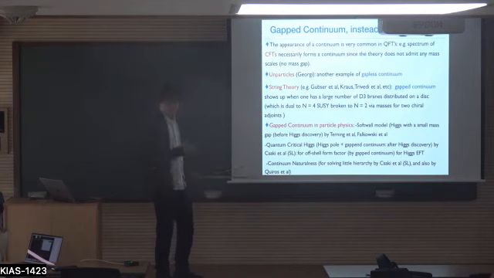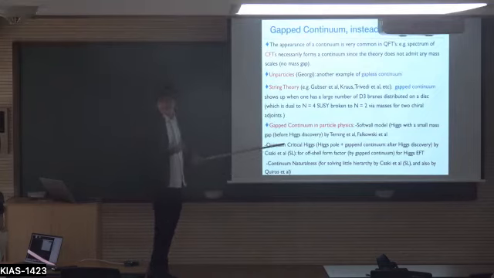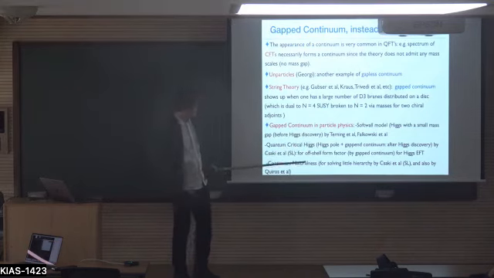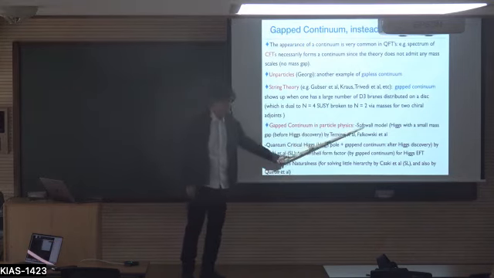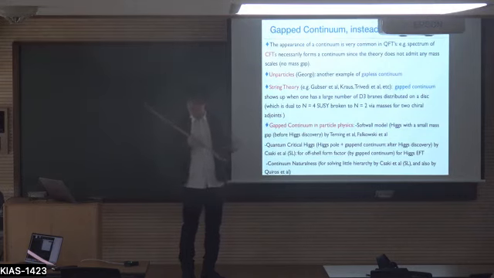Because for our phenomenological model, in the end, we are dealing with effective theory, right? You cannot talk about quantum gravity and so on. So this is the motivation. And also in particle physics, I'm not the first one doing this gapped continuum. There is something called the soft wall model. Everybody knows the Randall-Sundrum model, having two hard branes and AdS space in between.